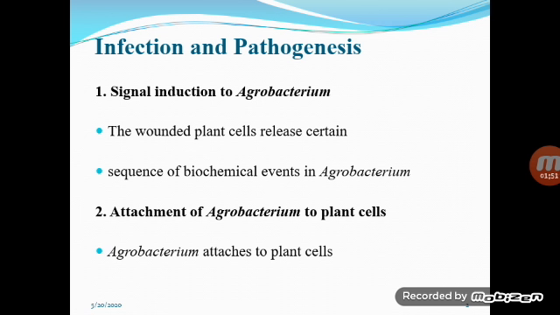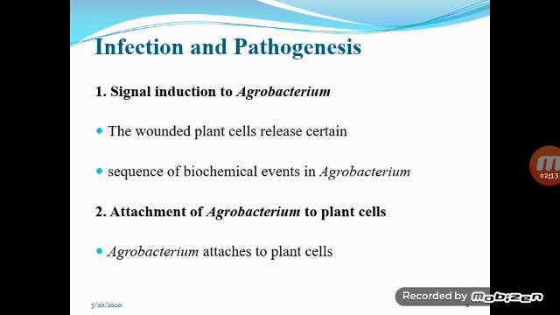Infection and pathogenesis consist of the following steps. First is the signal induction to Agrobacterium, how Agrobacterium recognizes the signals.